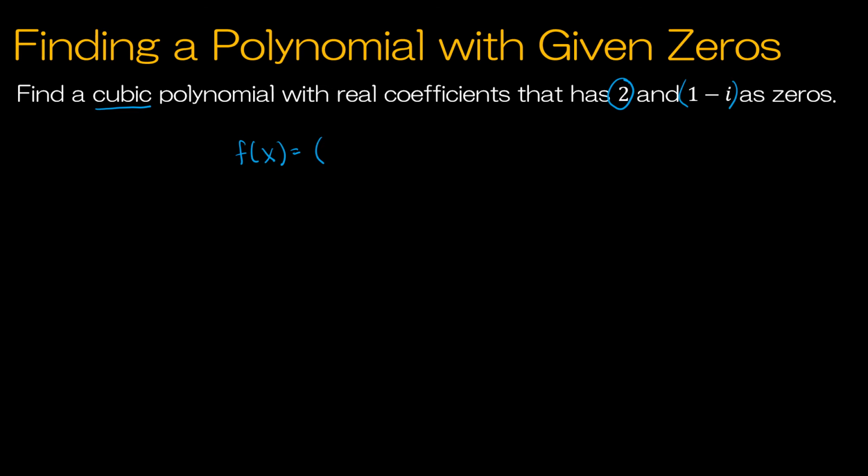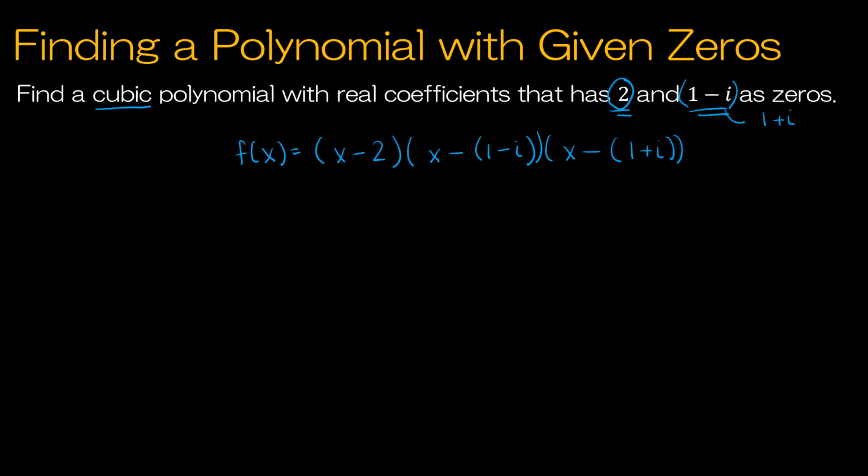So I'm going to write this as x minus 2, and then I'm going to write this as x minus (1 minus i), and then the complex conjugate of that is 1 plus i. So I'm going to write that as x minus (1 plus i).